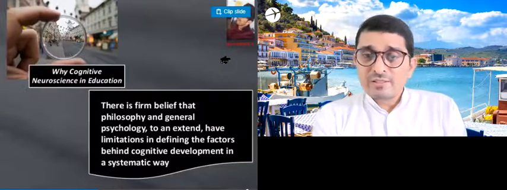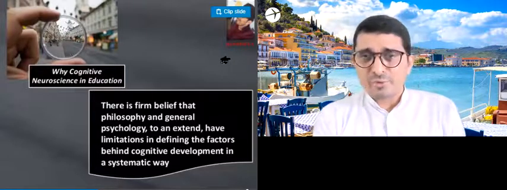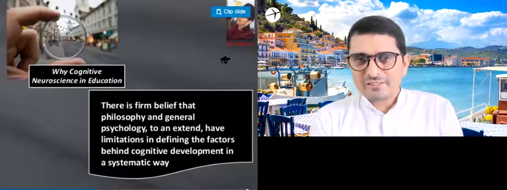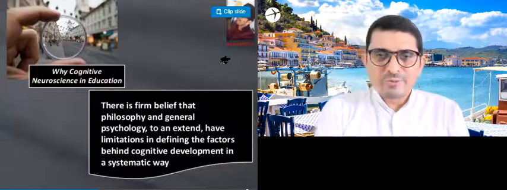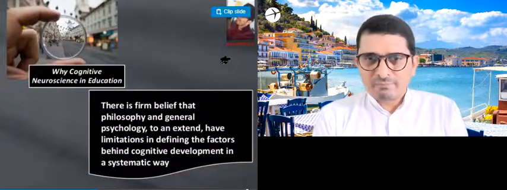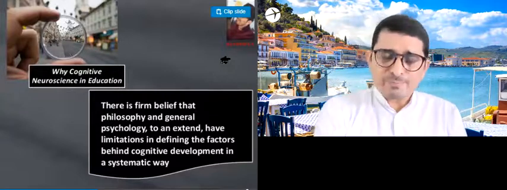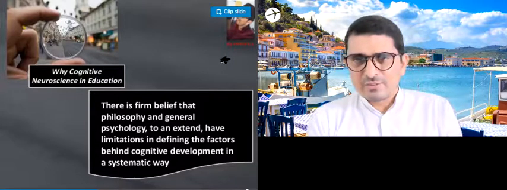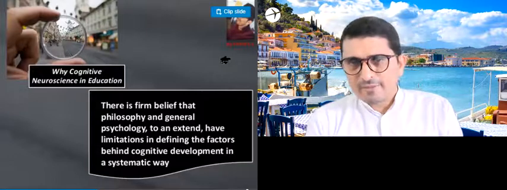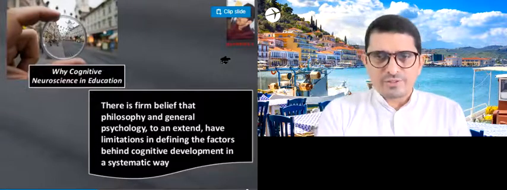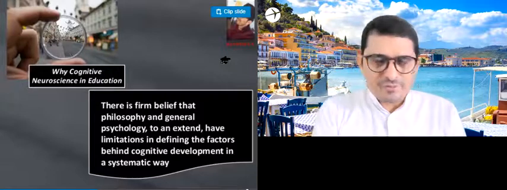And people believe that there are limitations for psychology and philosophy to define or to explain the factors, the aspects, the variables which influence the functions of cognitive domain.